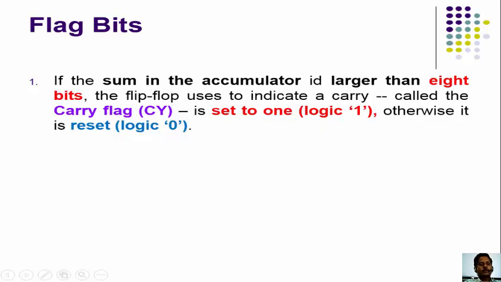Suppose the ALU is performing an arithmetic operation, that is an addition operation, and the output data is greater than 8 bit. At that time the carry flag shows that the output result is bigger than 8 bit, so the carry flag bit is set to 1, otherwise it is reset.